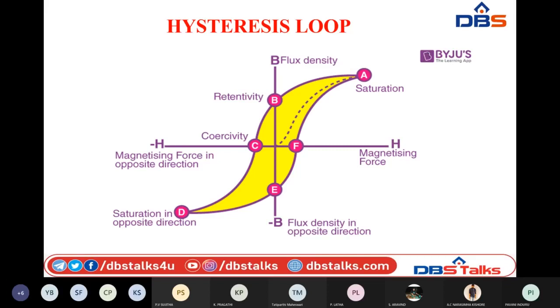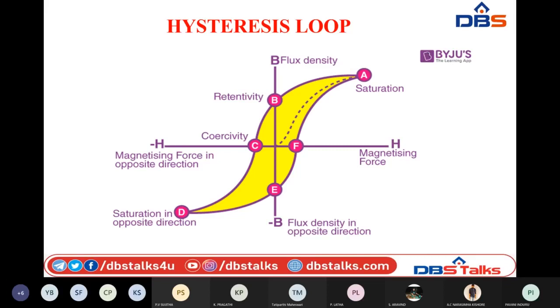Whenever we decrease the magnetizing force, the magnetic flux density also reduces. At the point where the magnetizing force is 0, B will not become 0. It will have some magnetic flux density present inside the ferromagnetic material. This capacity is known as retentivity.